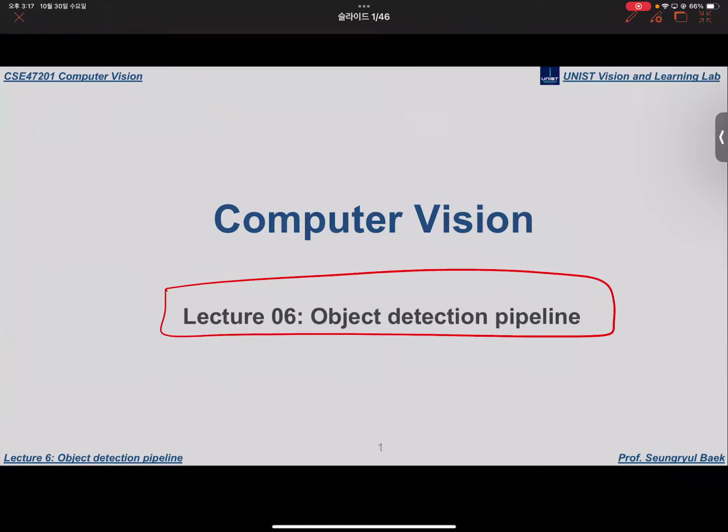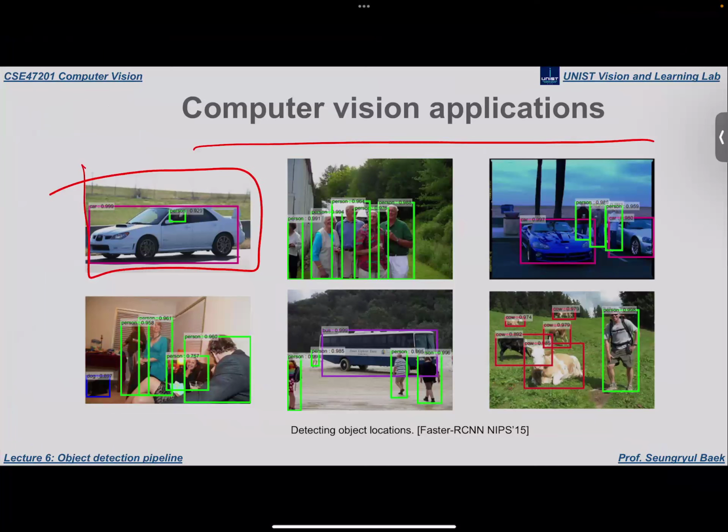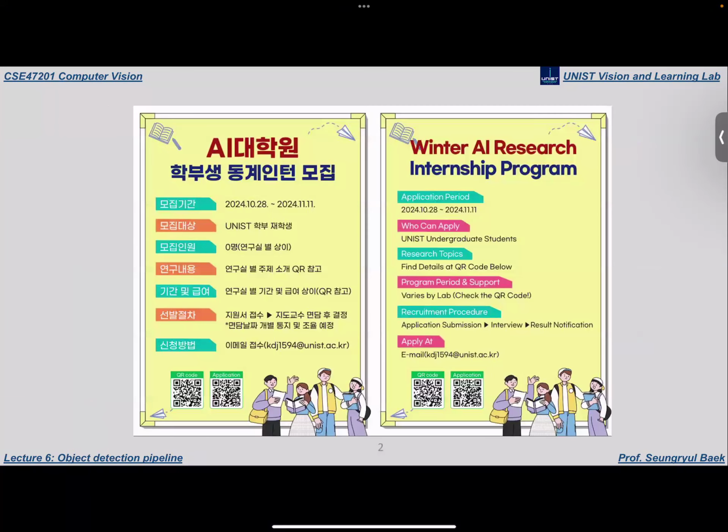Object detection is another very important computer vision application. From an image composed of multiple objects, we have to estimate their bounding boxes, and then try to know their corresponding classes. So that's the object detection application. The outputs will look like this: the bounding boxes and also the corresponding classes and their probabilities. Okay, so we will learn about that.